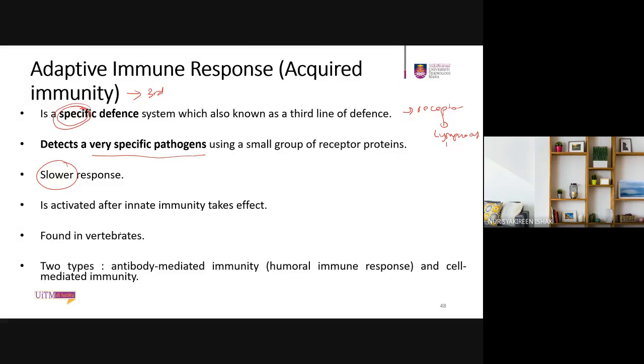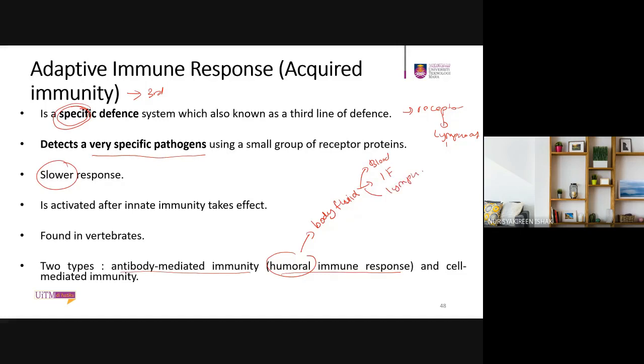Okay, found in the vertebrates, two types. You have the antibody mediated immunity, known as the humoral immune response. Humoral immune response, why? Because it involves body fluids, such as blood, interstitial fluid and lymph.